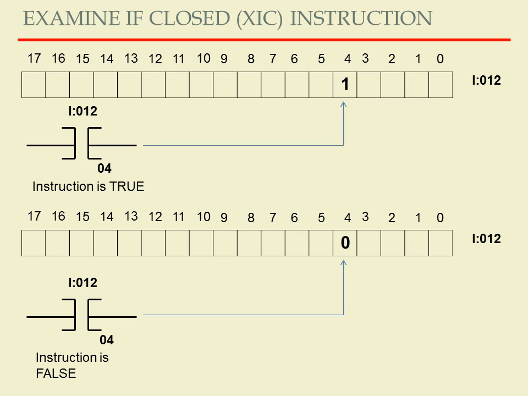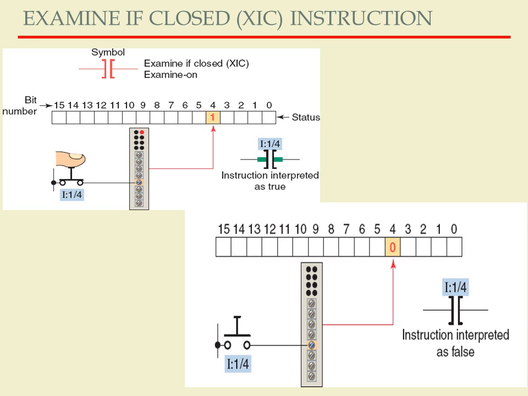So if this instruction is true, then 1 will be stored in bit number 4. Then if this condition is false, see the other diagram, 0 will be stored in I012's bit number 4. So this is how it actually operates.